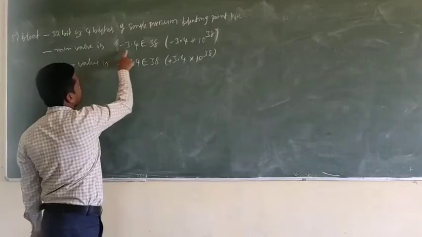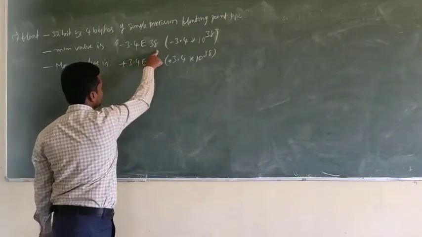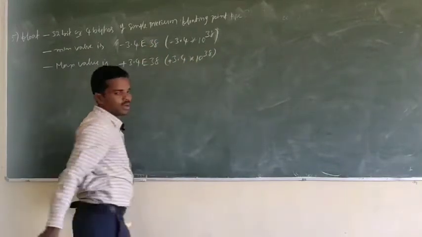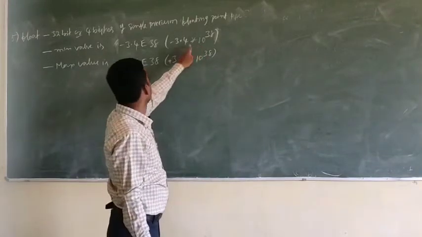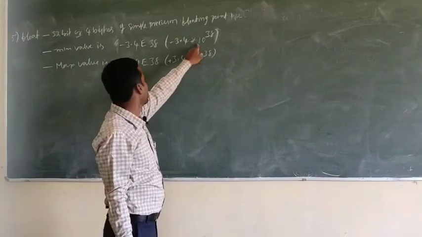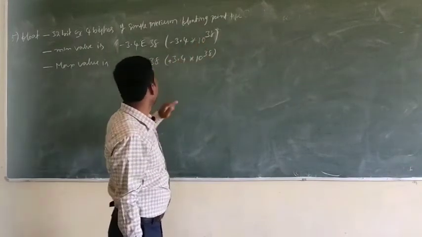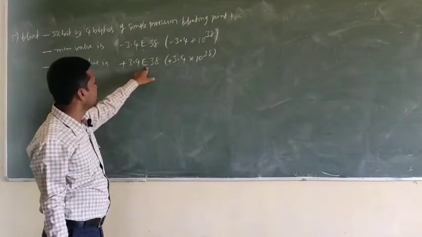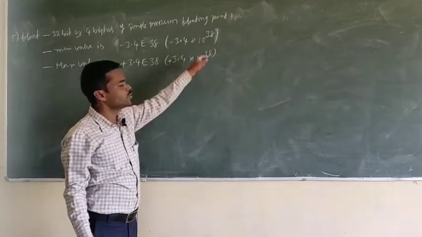So the minimum value is minus 3.4 E 38, where E is for exponent, and this exponent can be represented as the exponent of 10, that is minus 3.4 into 10 to the power of 38, and the maximum value is plus 3.4 E 38, which we can write as 3.4 into 10 to the power of 38.